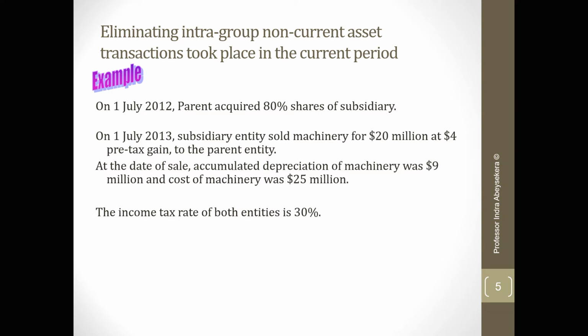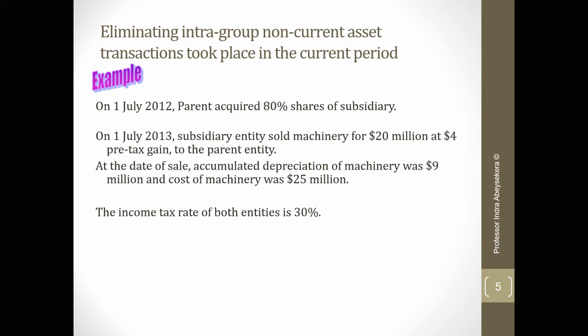Parent acquired 80% of shares in subsidiary, so the ownership doesn't matter. In 2013, the subsidiary sold machinery for 20 million and the pre-tax gain is 4 million in that. And at the date of sale, accumulated depreciation and the cost of the machinery is given as 9 and 25.